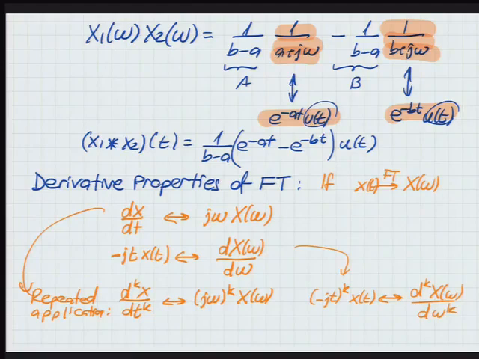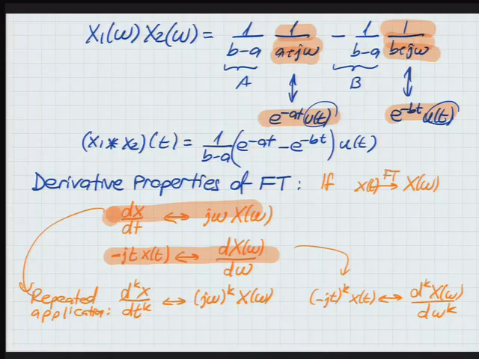All right, so that's a useful property. And note also that there is sort of a duality here between these two properties. The first property at the top says that derivative in the time domain amounts to multiplication with omega in the frequency domain. And the property at the bottom says derivative in the frequency domain amounts to multiplication with t in the time domain.